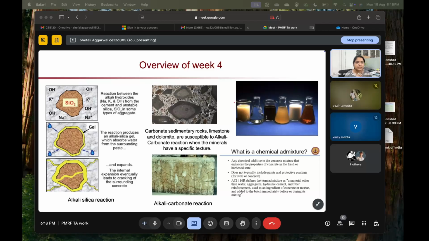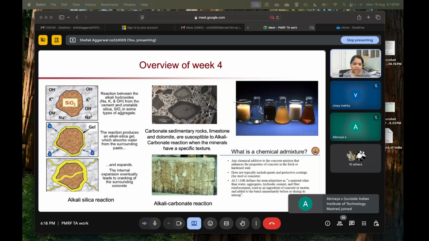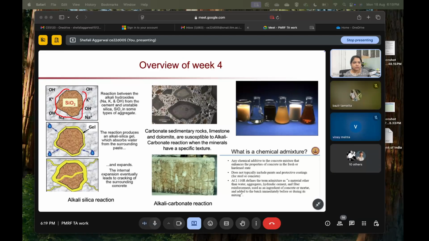In alkali silica reaction, what is happening? If your aggregate has reactive silica, that reactive silica will react with the alkalis present in the concrete system, the high hydroxide, which gives alkalinity to the concrete system. When these two react, they form an alkali silica reaction gel, the ASR gel, which absorbs more water from the surrounding paste.